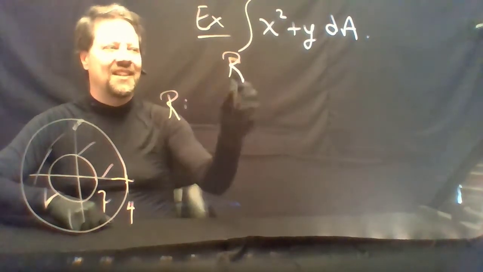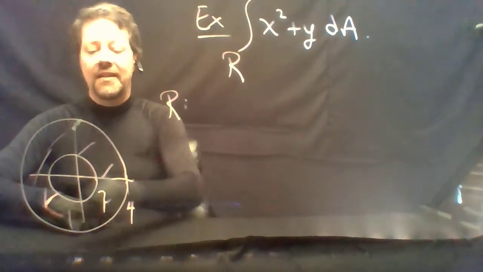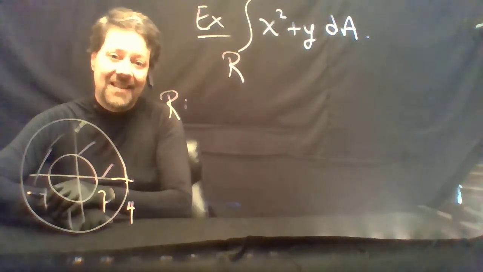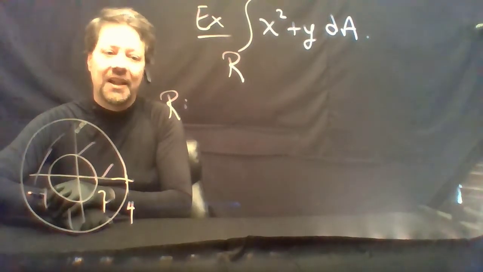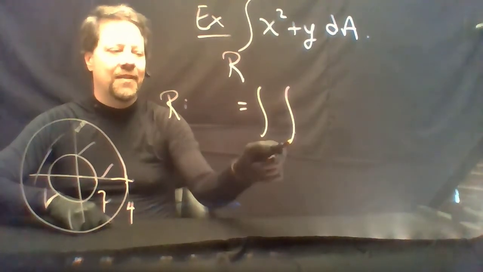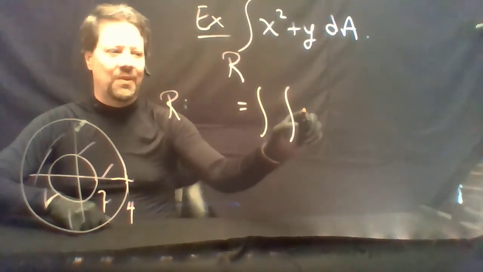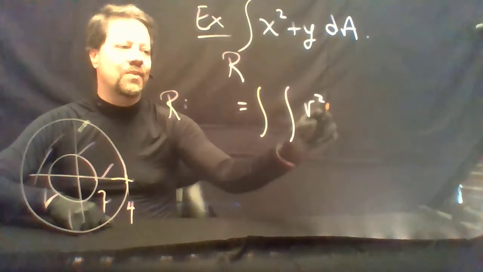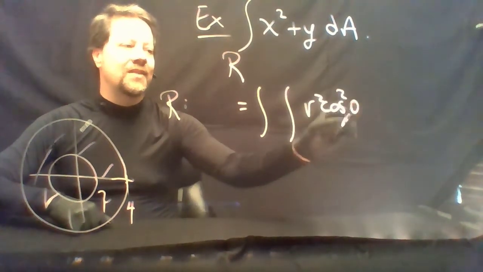Sure it will. Here's what we'll do. The region is symmetric in kind of a rotational way. It's easiest to describe the limits of integration in polar coordinates. So we're going to use polar coordinates for the integral. X in polar coordinates is r cosine theta. So the first term is r squared cosine squared theta.